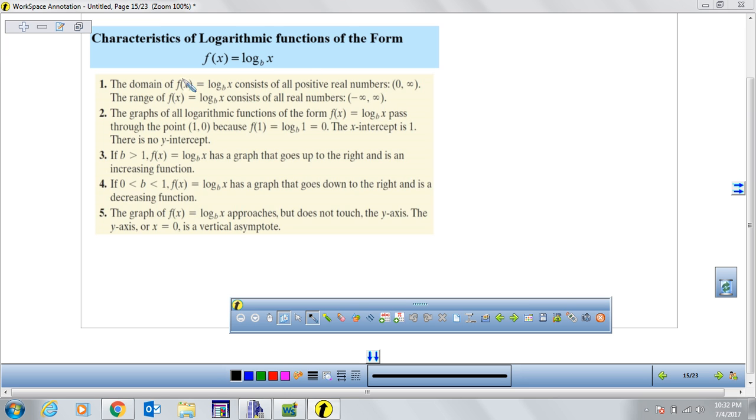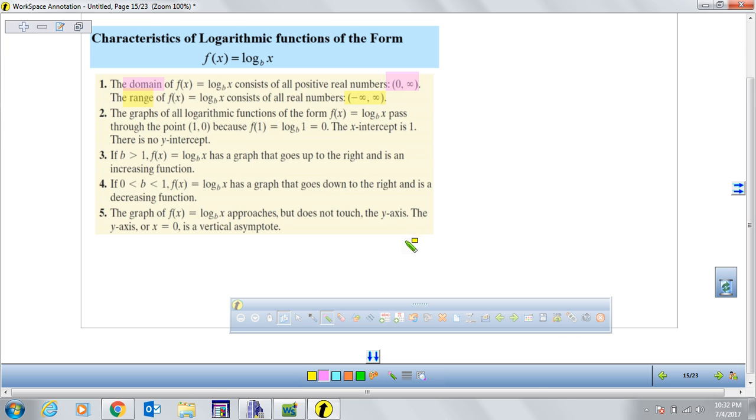So the range of the logarithmic function is negative infinity to positive infinity, and the domain of the logarithmic function is from 0 to infinity.